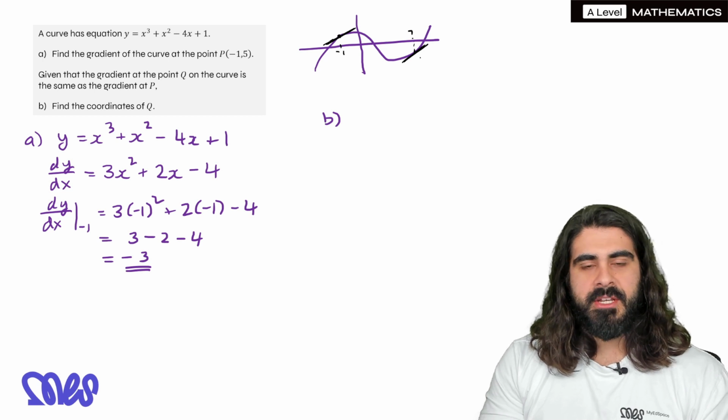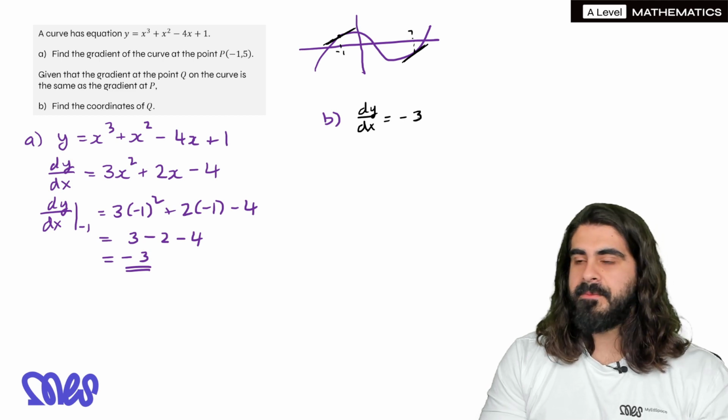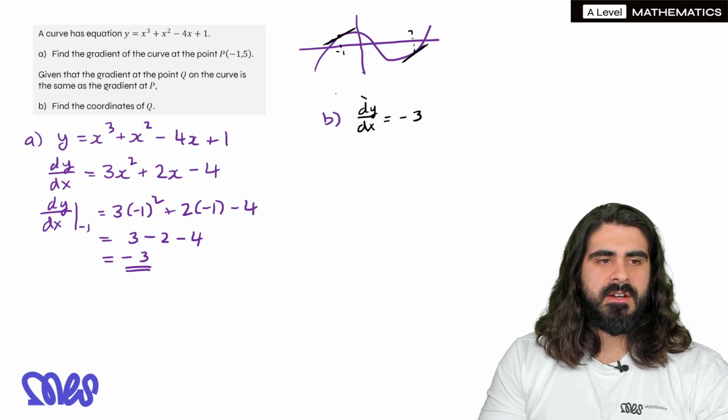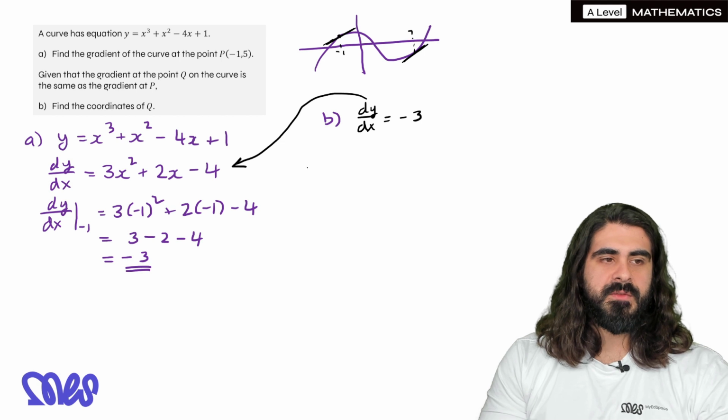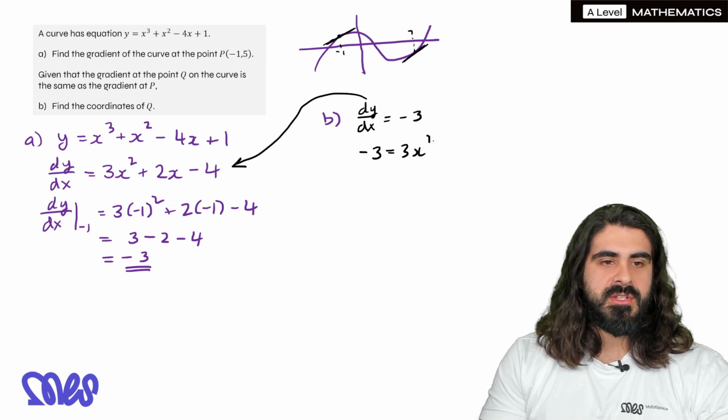So at this point Q, it must have the same gradient, meaning dy by dx is also minus 3. Then what do we do with that? We just sub into here and solve for x. And because it's a quadratic, we should get two values, right? So we get minus 3 is 3x squared plus 2x minus 4.